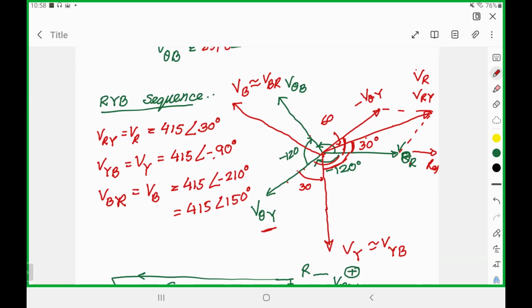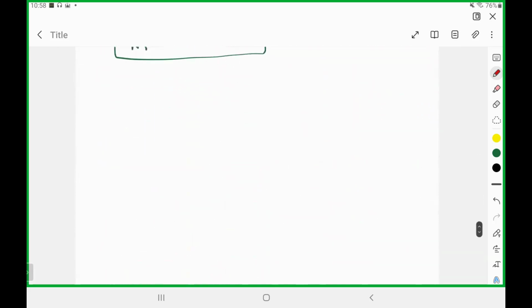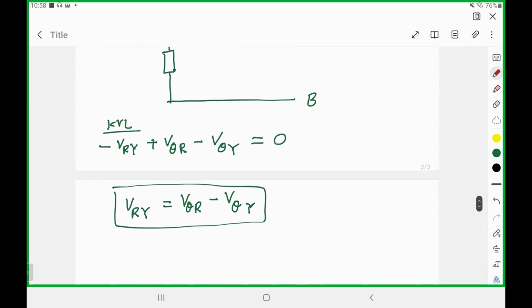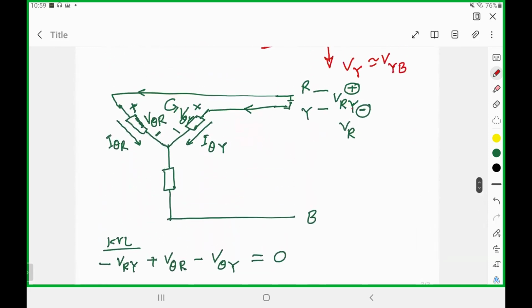Regarding the line voltage and stuff, can you go down to the bottom here where you showed that equation? Just explain that. Yeah, KVL. So we can redraw. We are considering only this part.